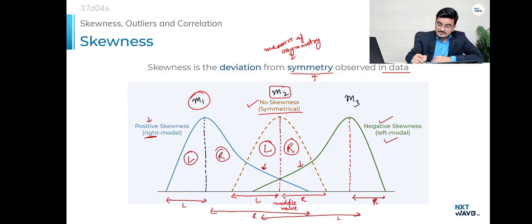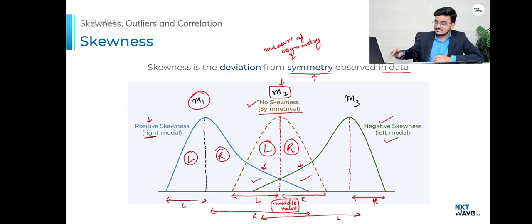So symmetrical data is something which is neither right skewed nor left skewed. And if we divide the distribution into two equal parts based on the middle value, we'll get identical distributions on both sides. For right skewed data, the tail of the data, or the longer distribution of the data, will be on the right side. And for left skewed data, the larger distribution will be on the left side, right?